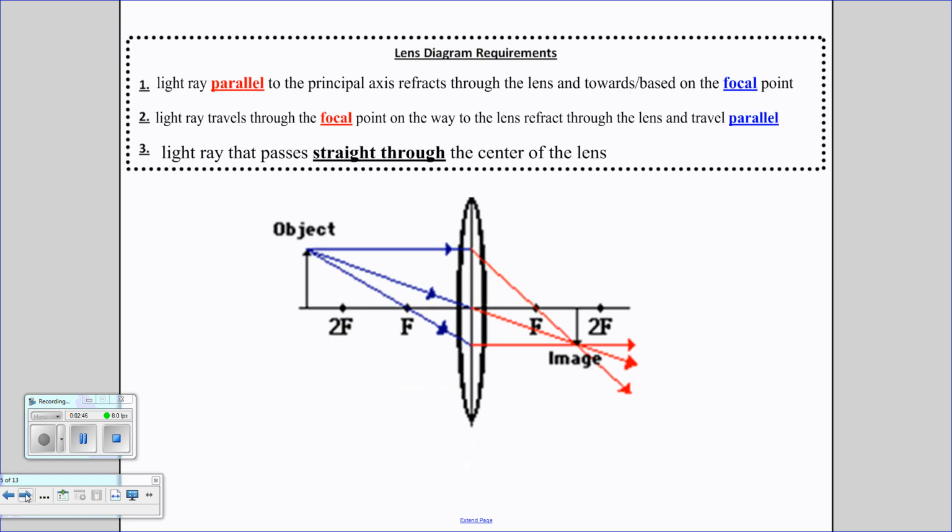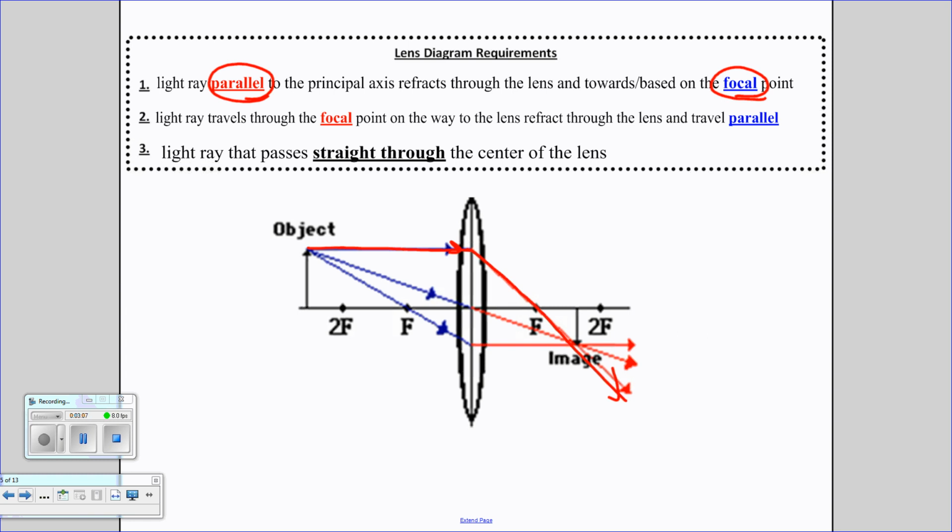All right, lens diagrams. First one, light goes in parallel, out through or based on the focal point. Okay, just like with mirrors. So in parallel, out through the focal point.